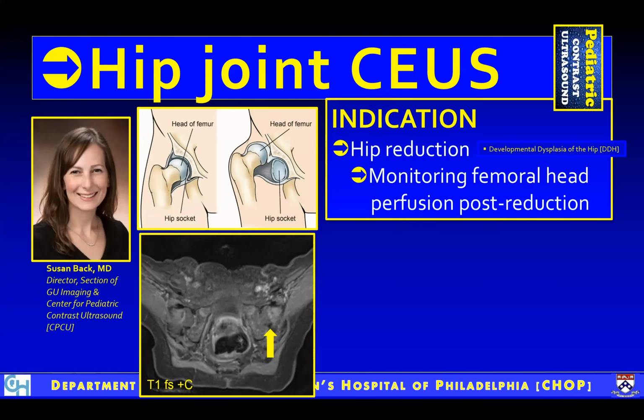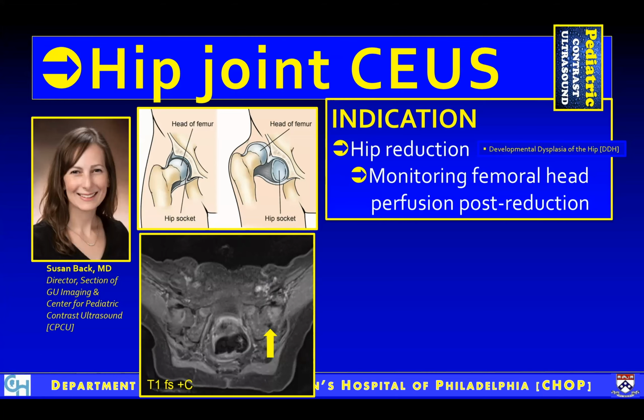Another application that we are conducting in patients is the evaluation of the hip joint, specifically the femoral head. And this is in the context of hip reduction. We monitor intraoperatively the femoral head perfusion post-reduction.